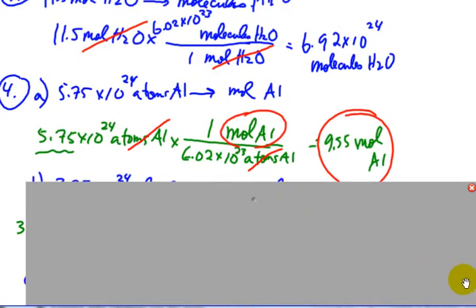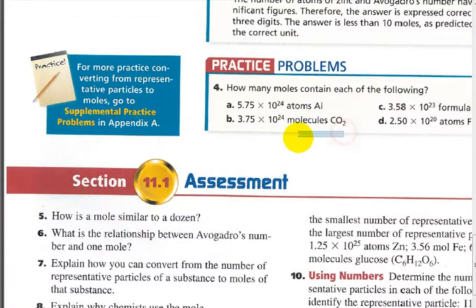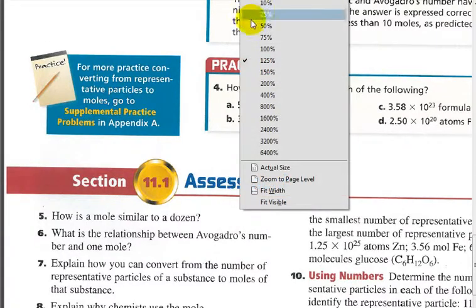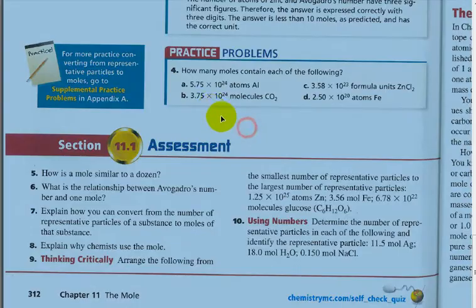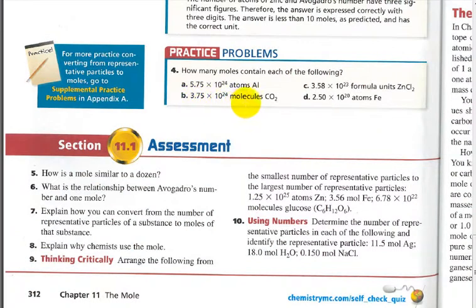B, C, and D are very similar. So if we look back over here, we have the questions there. I'll maybe get you to write them out here. So here's B, C, D, and I want you to try it. So once you're finished writing these, pause the video, try them out, and then come back and see how you made out. So go ahead and pause the video now.